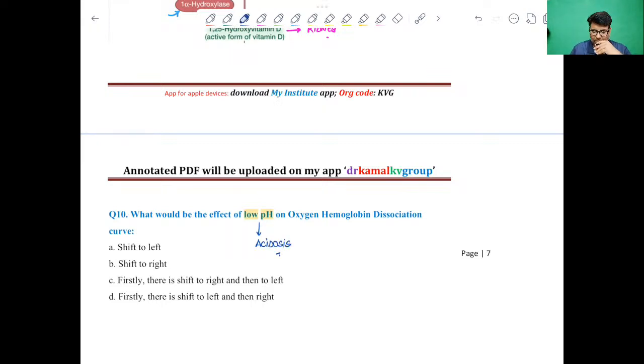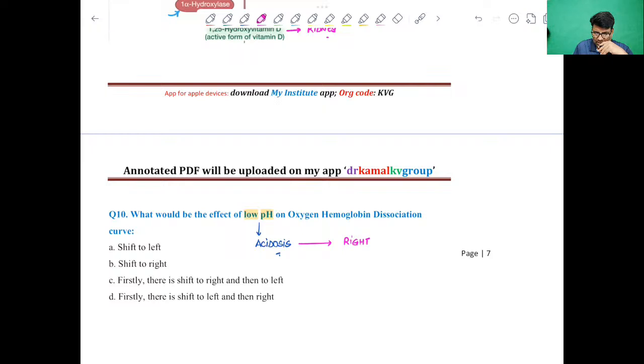This is one of the favorite questions and has been repeated many times. So acidosis, low pH, absolutely right. So this will shift the curve to right.